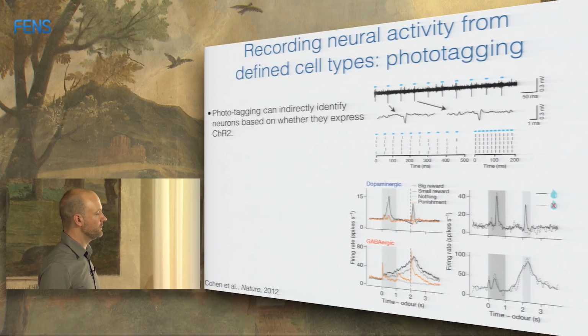Couldn't really definitively say that they were dopamine cells, but this gives us a much more definitive way to say, okay, these are for sure dopamine cells, because we only targeted the opsins to those cells. And you can see that the firing patterns in the unequivocally non-dopamine cells, or GABAergic neurons, are very different or distinct from the dopamine cells.